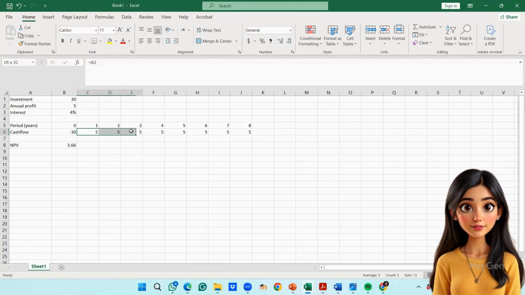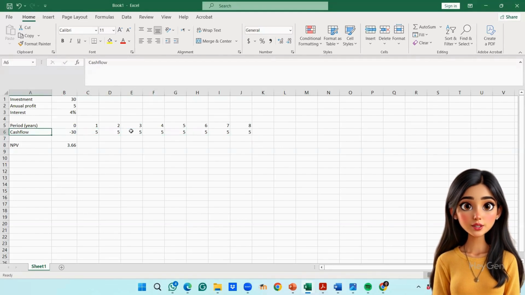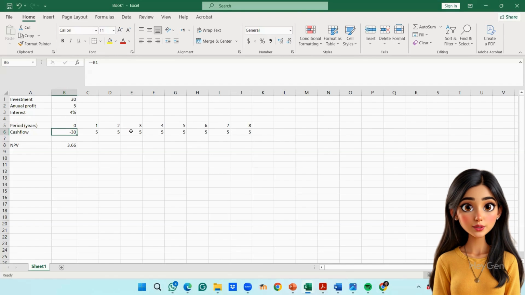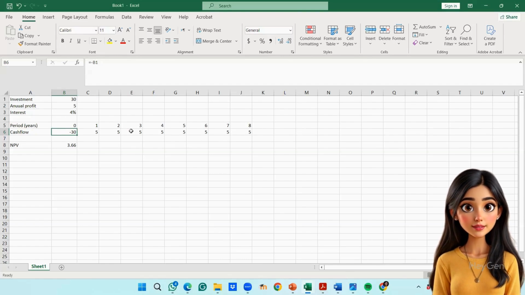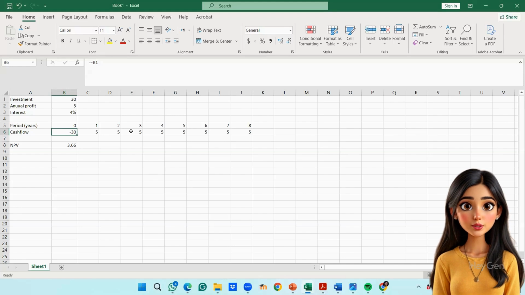If I have $5 today, I can invest them in the bank and earn interest, which means they can grow into more money over time. But if I only get those $5 5 or 6 years from now, they're worth less to me in today's terms. So, the further away those cash flows are, the less value they have today.